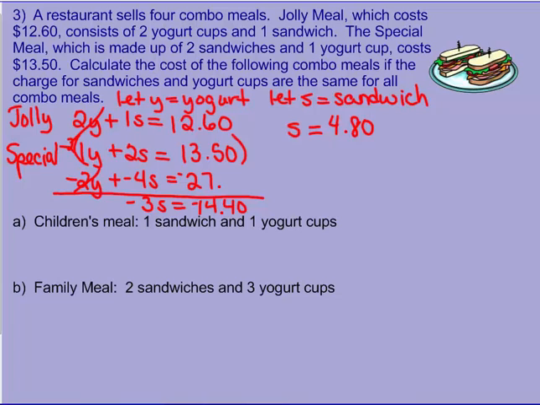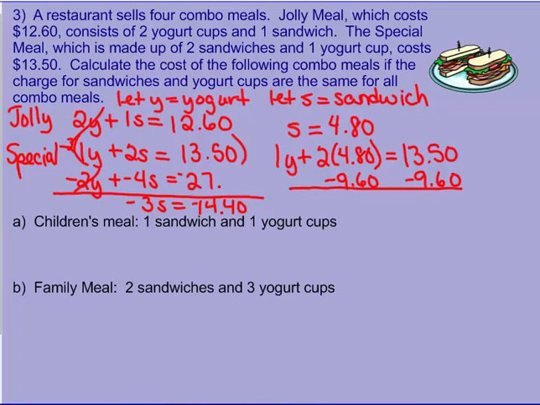So if a sandwich equals 480, a yogurt plus 2 of those sandwiches has to equal, using my second equation, the special combo meal, $13.50. So that's $9.60. And when I subtract $9.60 from both sides, I get that a yogurt costs $3.90.